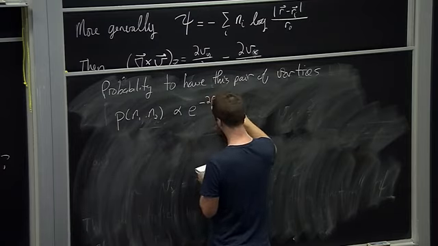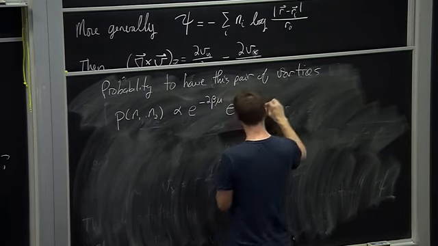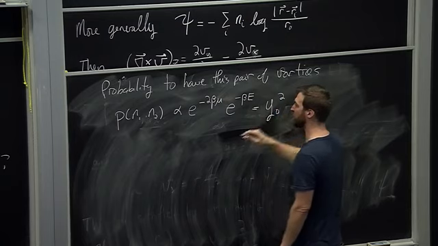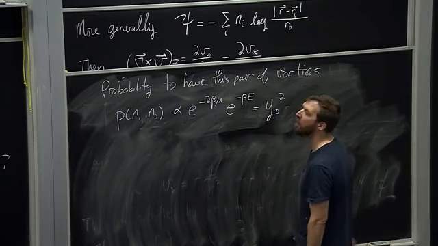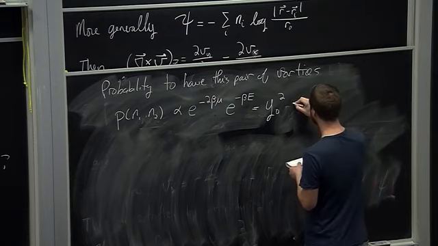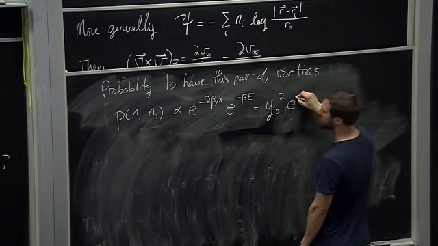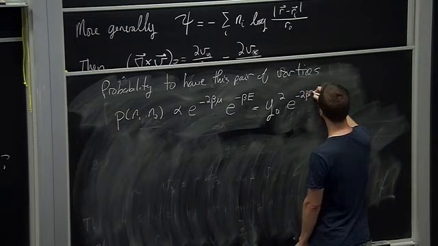I'm probably going to lose track of this factor of 2 somehow. So I have y naught squared from this, and then I got 2 cores, minus 2 beta E core.